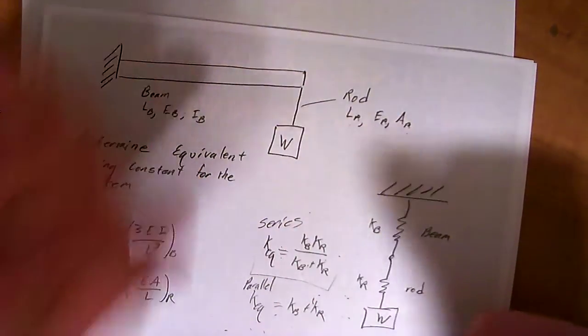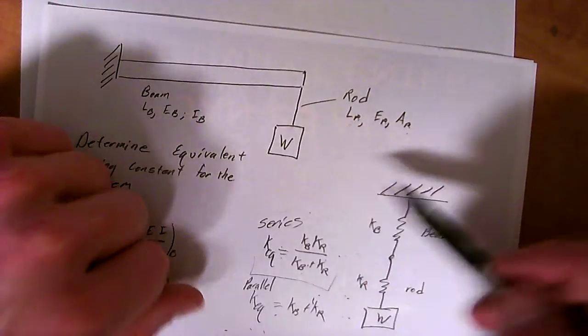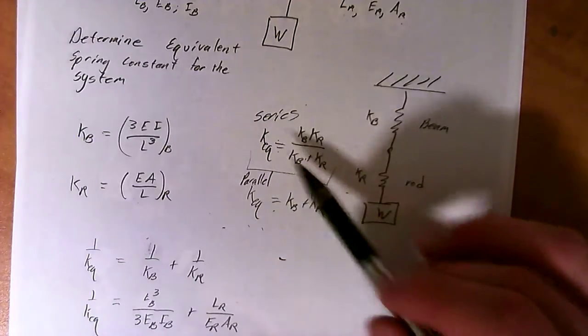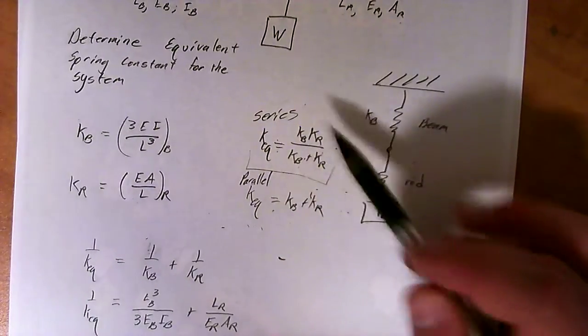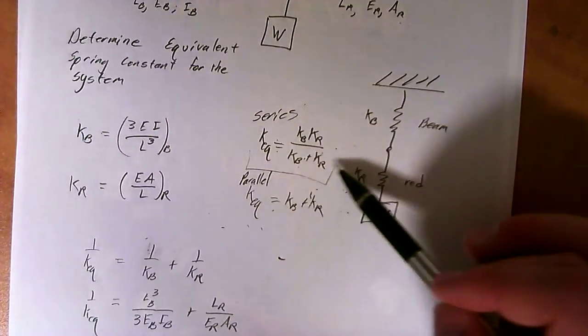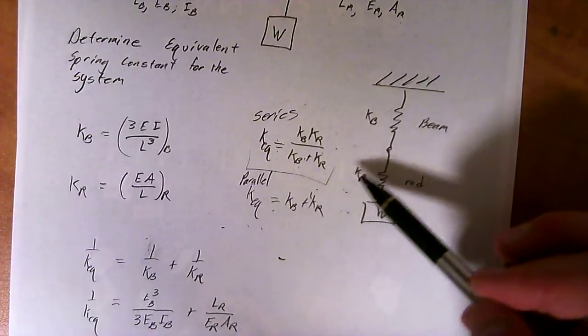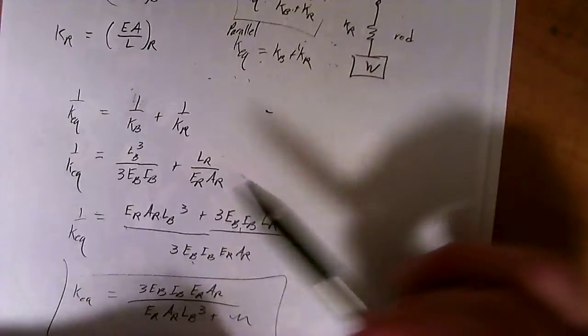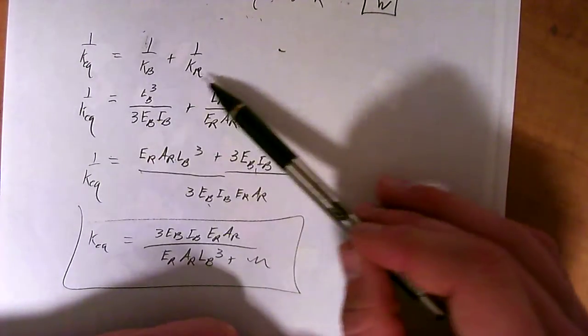They're independent. But you have to do it vertically because the weight's moving up and down vertically. Springs in series are this relationship right here, and you can add on more, multiply another K right there and add another K down here if you have 3 springs. And then in parallel, you just add them straight up.